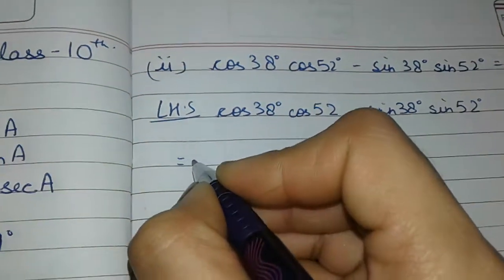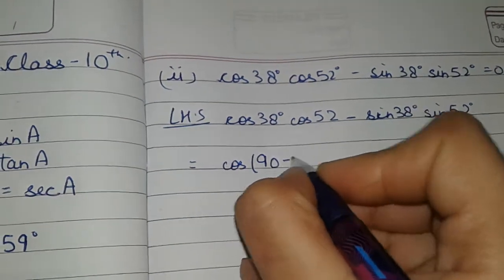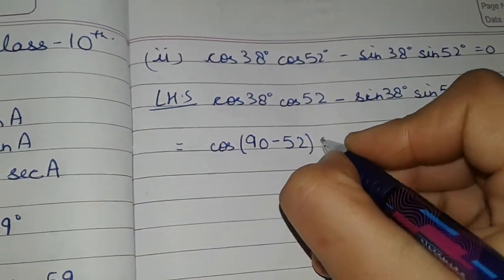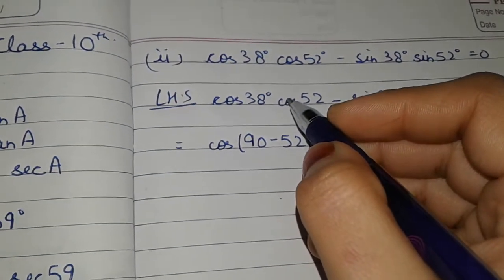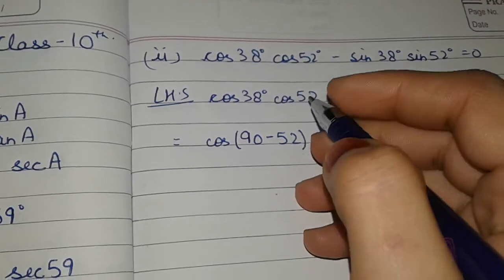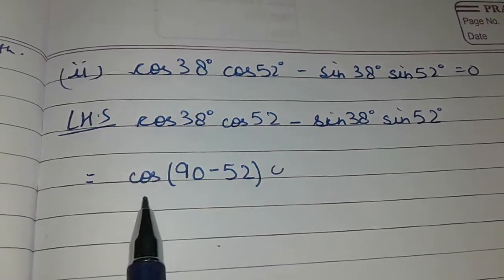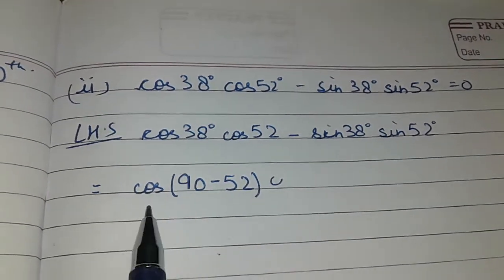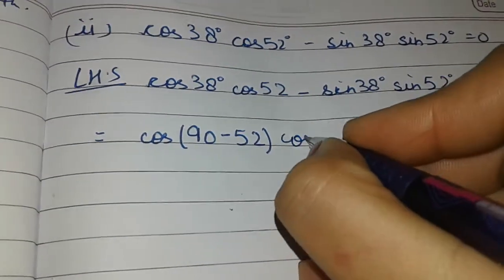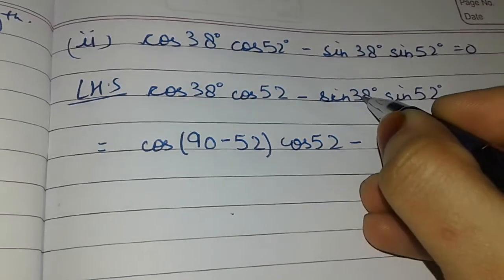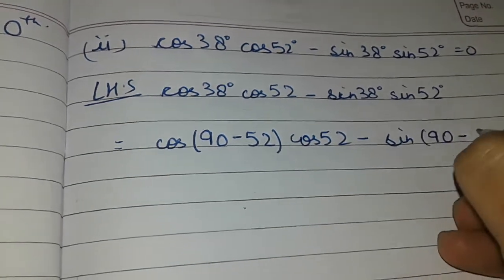Again, this cos 38 will be replaced by cos 90 minus 52, as 90 minus 52 is equal to 38. This cos 52 will remain same. Sin 38 will be changed to sin 90 minus 52.